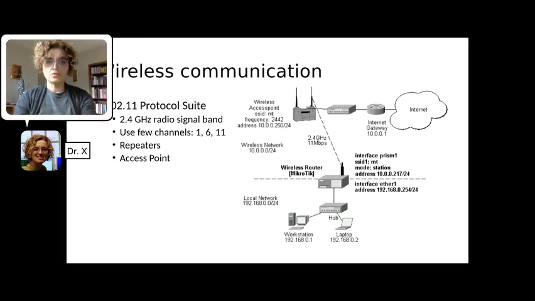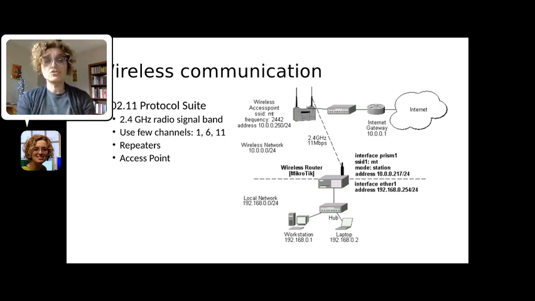The prevalent protocol for wireless communication is 802.11, as you may have heard, and there are two frequencies, 2.4 and 5 gigahertz. If you tinker with your router's settings, you will see those different settings.